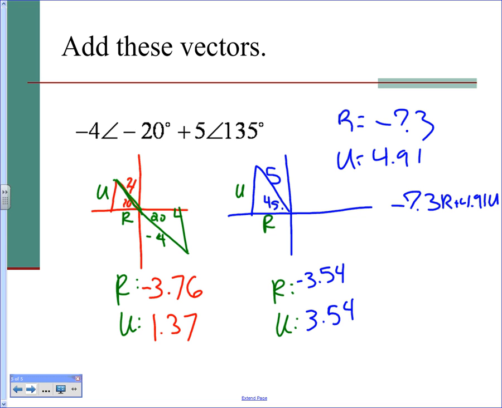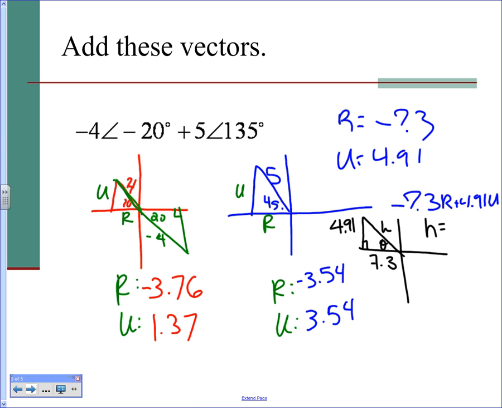All right, how would you change it into vector form, back into like this? Okay. Where does it get drawn? Okay. 7.3 and then up 4.91. All right. H, hypotenuse.